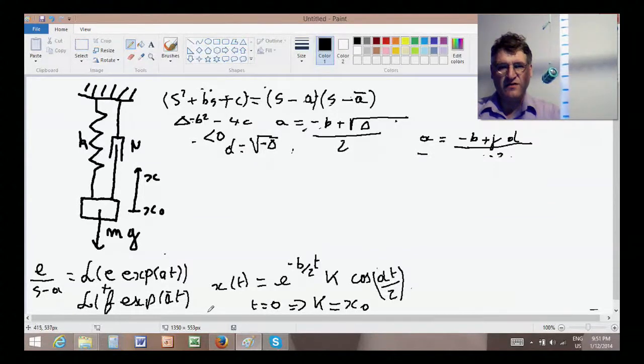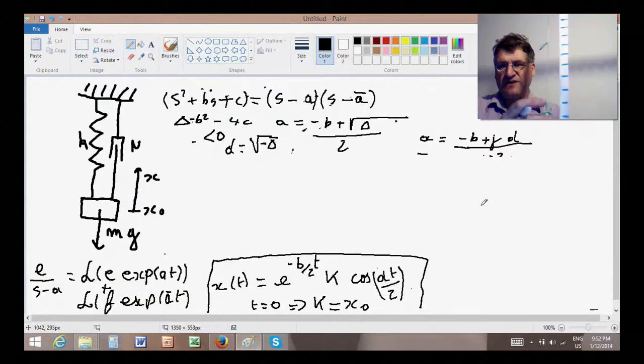Again, for the experiment, we start from this. And we want to use the experiment to measure this guy and this guy. Now, for this guy, this is fairly easy. d is the oscillation frequency of the system.